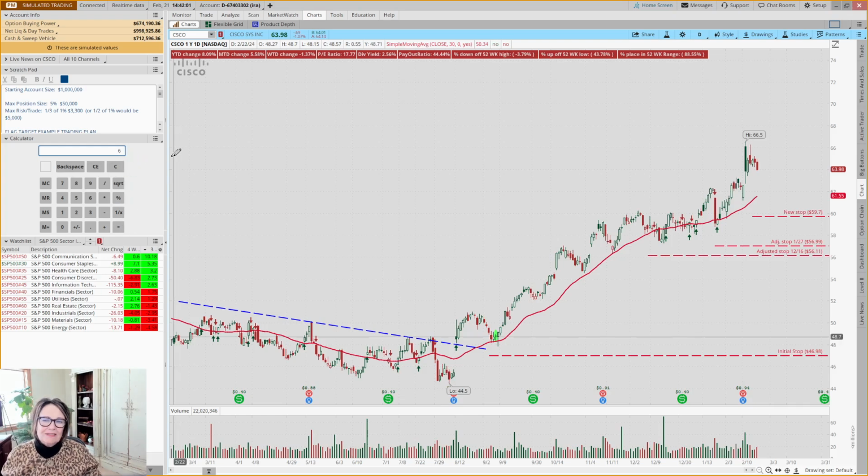So let me just do that again: 3,300 divided by 5.5. So we could buy about 600 shares if it went above here. And 600 shares times about $65 is about $39,000. So is that less than 50,000? It is. So that would meet our position sizing requirements.